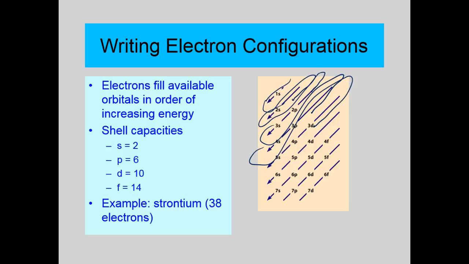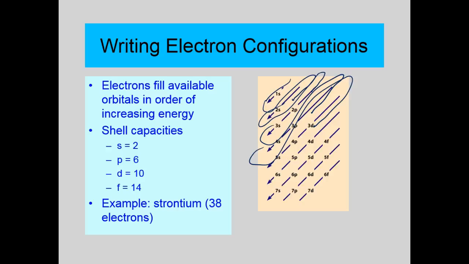Stop right there. And guess where you are on the periodic table? You're on the 5th row, n equals 5, 2nd entry. 5s2. You stop there. That's strontium.